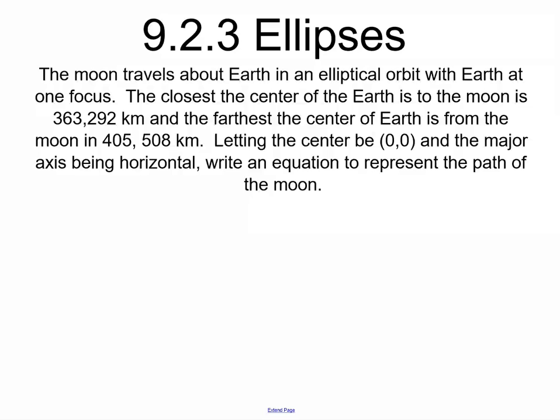In terms of the moon's orbit, which is what we're talking about in this problem, the Earth is actually on one of the focal points. So the Earth is located on one of the focal points of the moon's elliptical orbit, and depending on where the moon is on its orbit, sometimes it's closer to the Earth, sometimes it's farther away from the Earth.